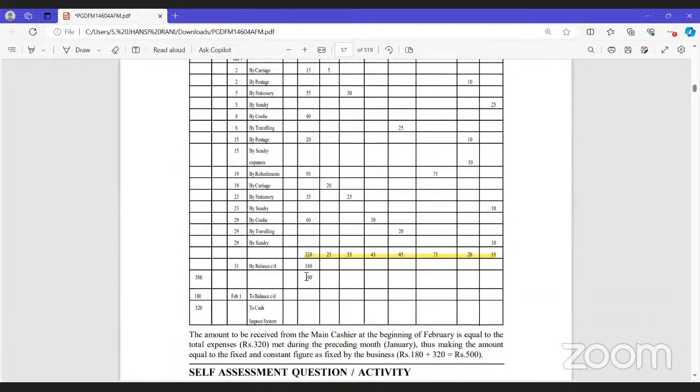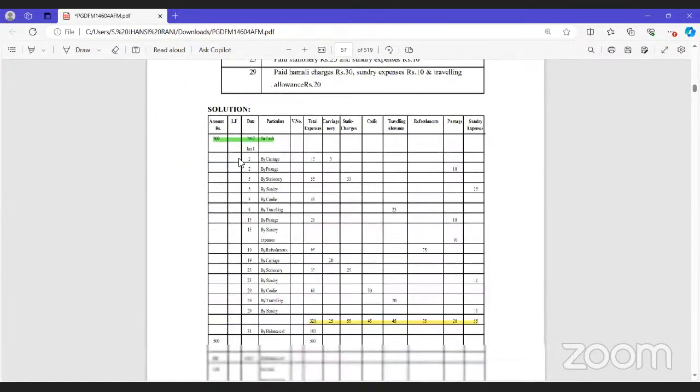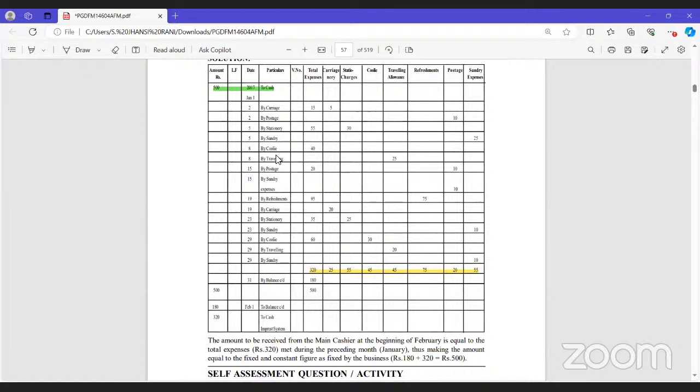Now, what do we do next? How much has the cashier given? The cashier has given 500 rupees. Out of 500 rupees, total expenses were 320. So what is the balance? 180 rupees. The month is January, so the last date is 31st January, and we write "by balance carried down" 180 rupees. How did we get 180?